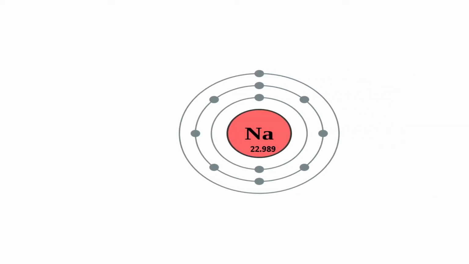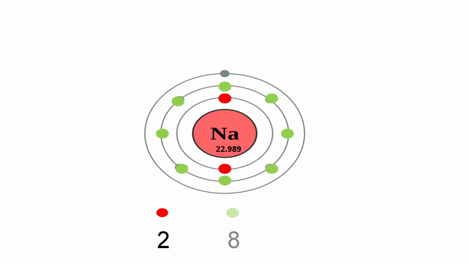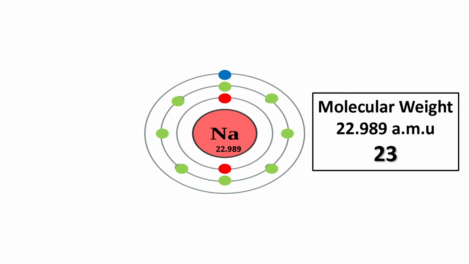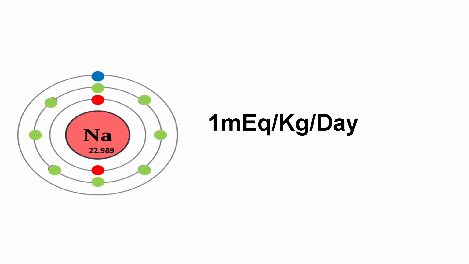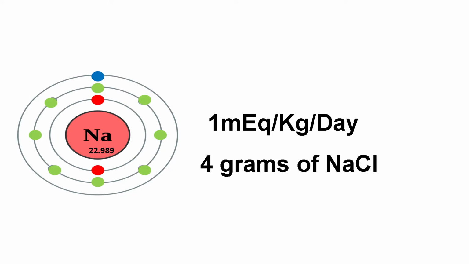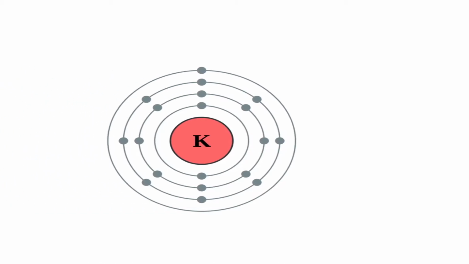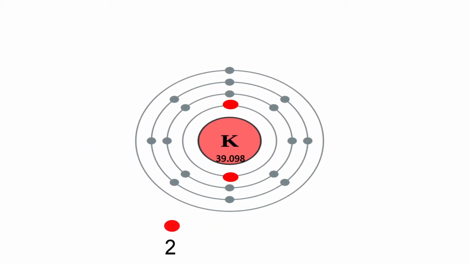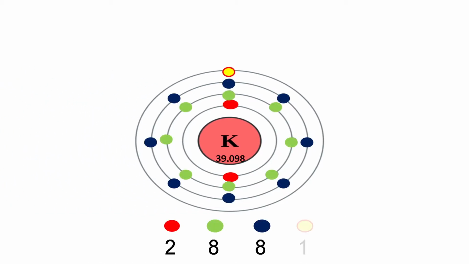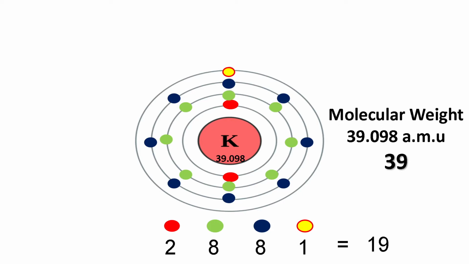Sodium is an element that has an atomic number of 11 and atomic mass of around 23. We need 1 milliequivalent per kg of sodium per day, which means 4 grams of table salt only. Potassium is an element that has an atomic number of 19 and atomic mass of around 39.